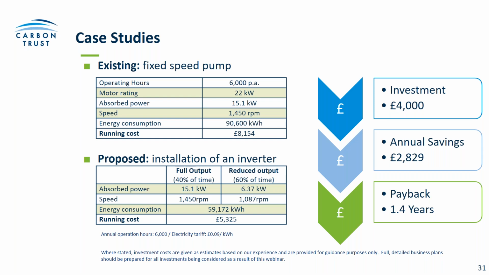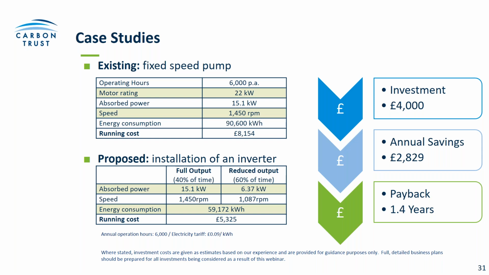But if that system has an inverter installed on it, it may well require full power for some of the time. In this example, we've estimated it could require full power for 40% of the time. But a lot of the time it could be running at reduced output. And again, in this case, we've assumed that reduced output would apply for 60% of the time.